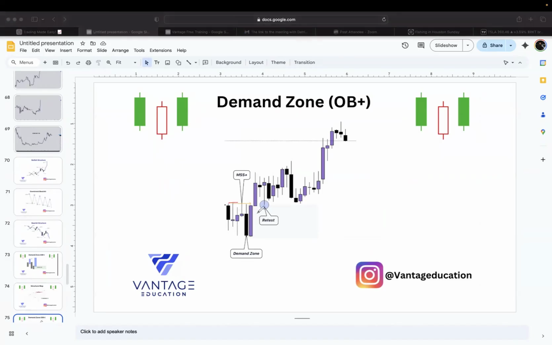Here's our shift, here's our new bullish range. Therefore, this black candle is the last bearish candle before we got that shift. So that whole candle is our demand zone. So we want price to come back, tap into demand, and then move higher. I have a lot of examples for you guys, so don't worry.